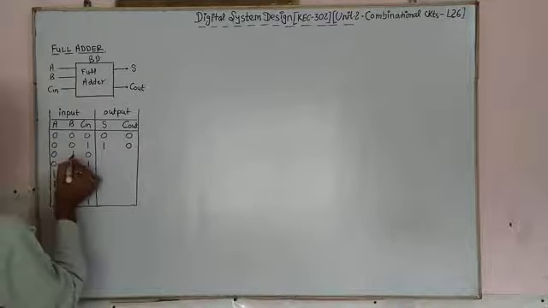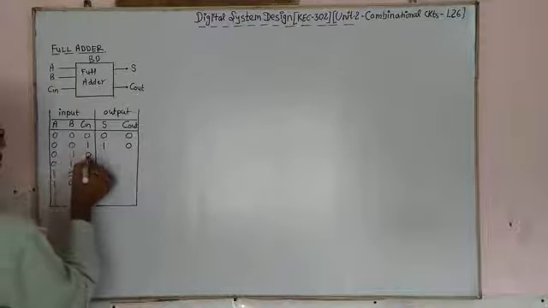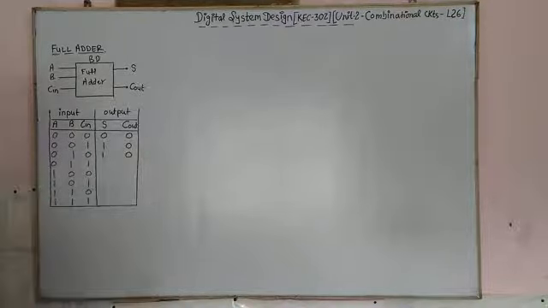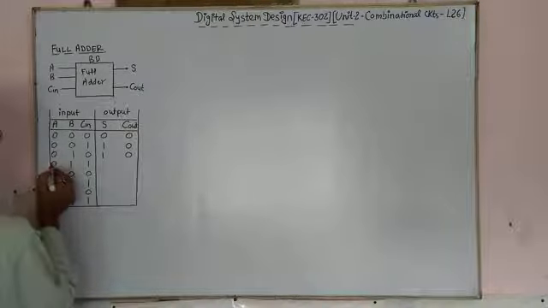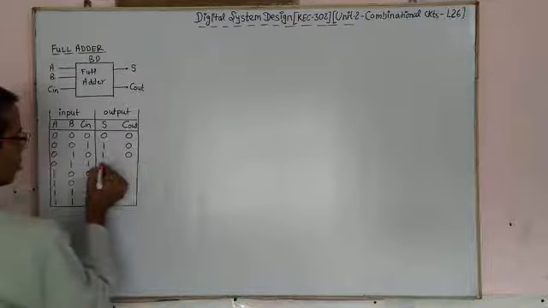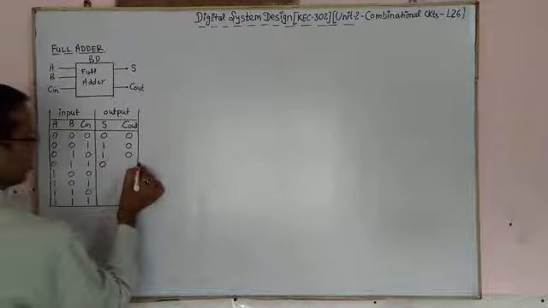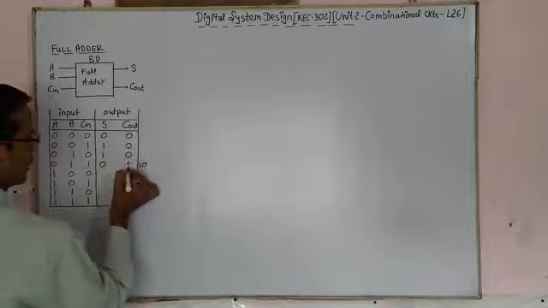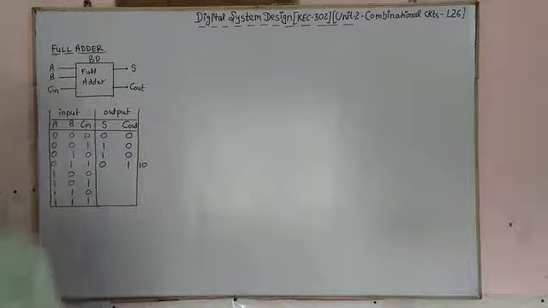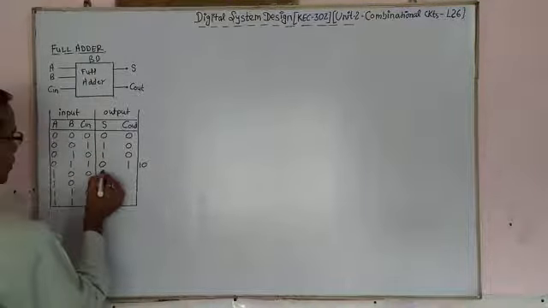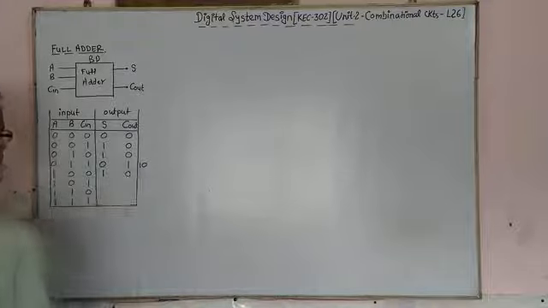Again 0 plus 1, 1, 1 plus 0, 1, and the carry output is 0. Again 0 1 add 1, 1 plus 1 you will get 1 0. So the sum of this is 0, and you are getting carry 1. Again 1 plus 0 is 1, 1 plus 0 is 1, and you are getting carry 0.